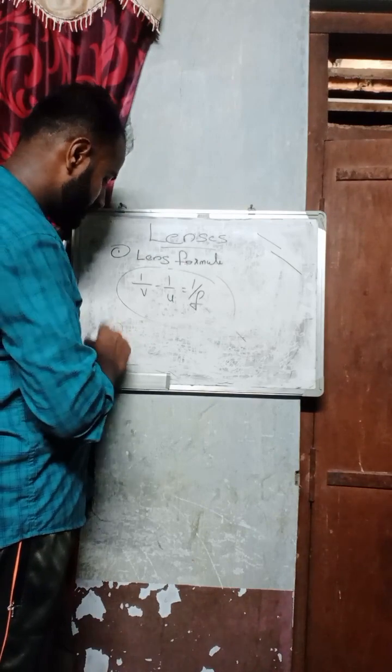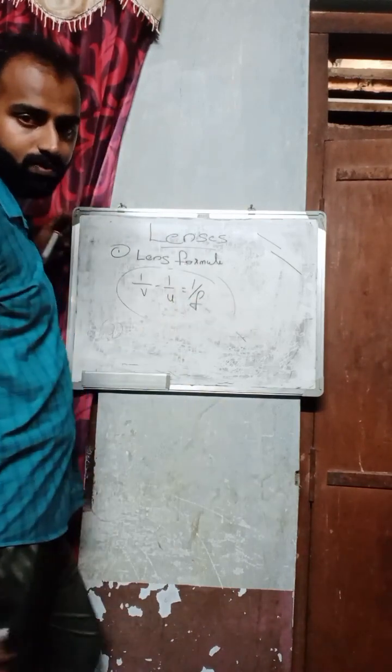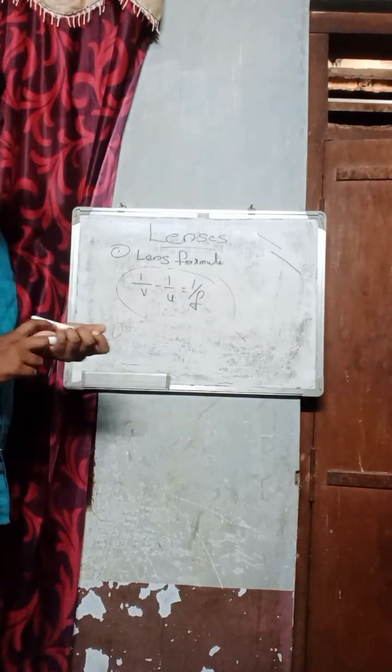So the second, lens makers formula. What is the specialty of the lens makers formula? I am asking, is the focal length of a lens constant or not? Okay, let's stop the discussion.